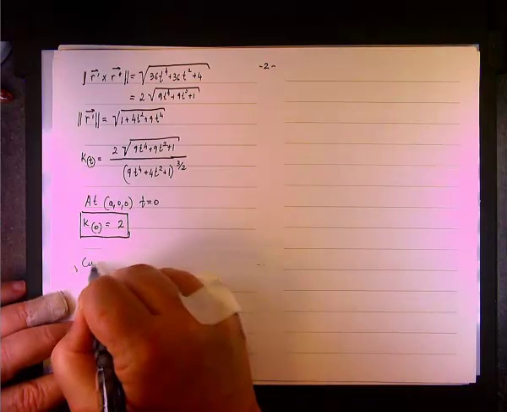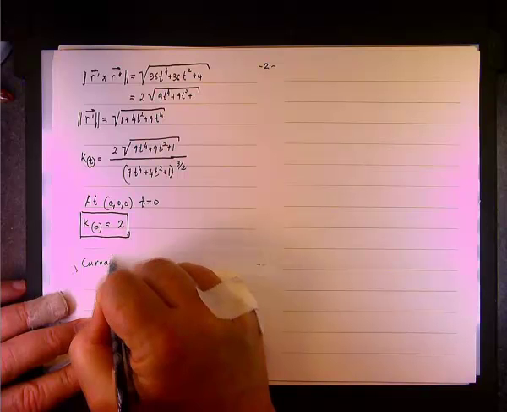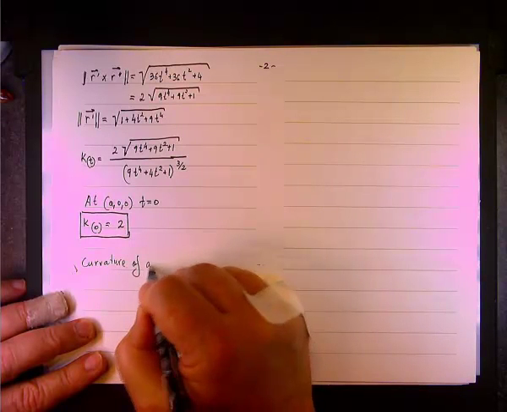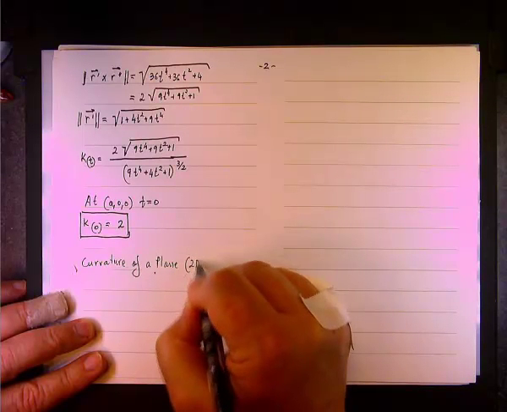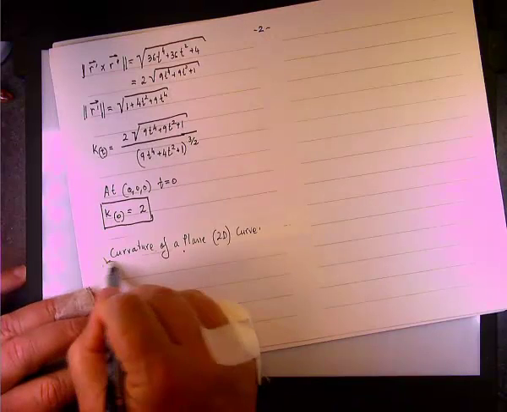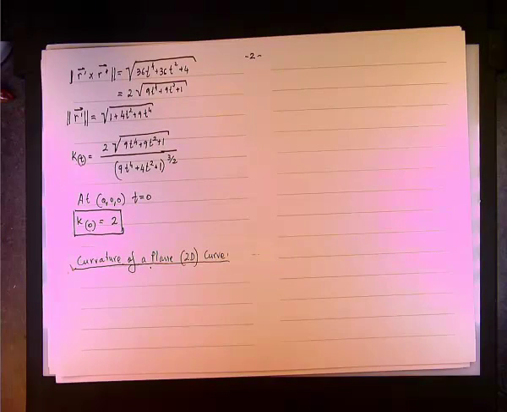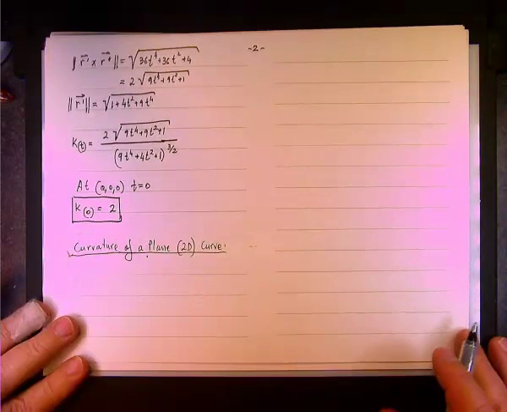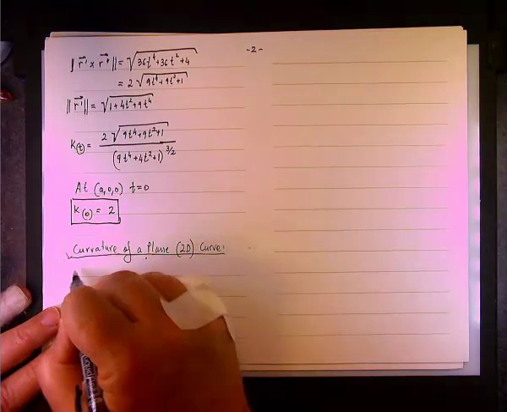So, curvature of a two-dimensional curve, of a plane curve. What is the difference between what we did so far with the curvature and when we have only two dimensions?